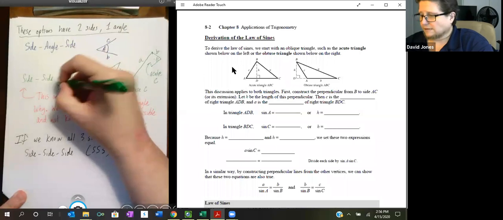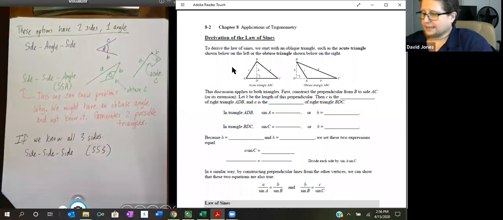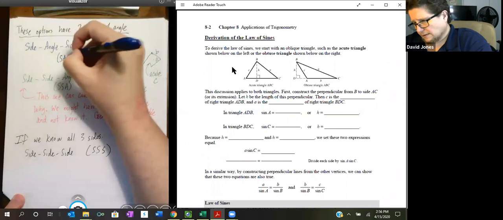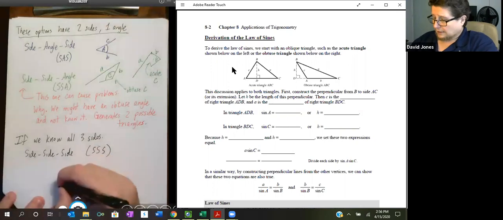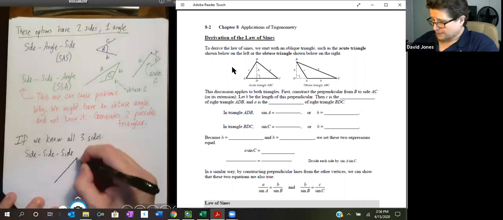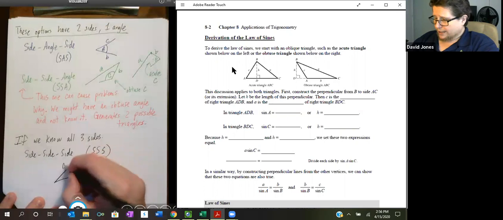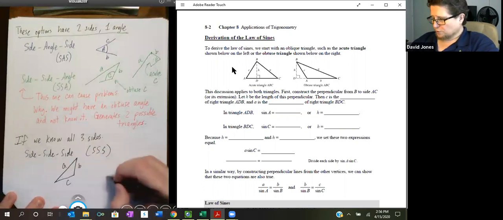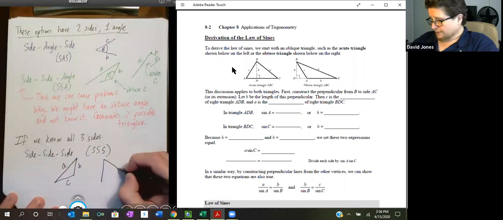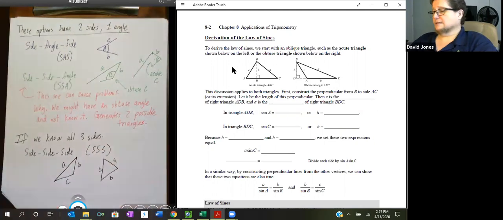And this was SAS. And obviously this one's simple. It can be in different shapes, they can look funny, but we know all three sides. Here, one of them is acute, or obtuse, or they could all be acute. But we have all three.